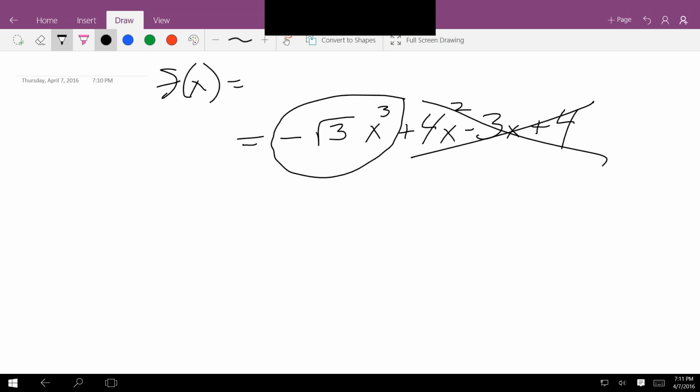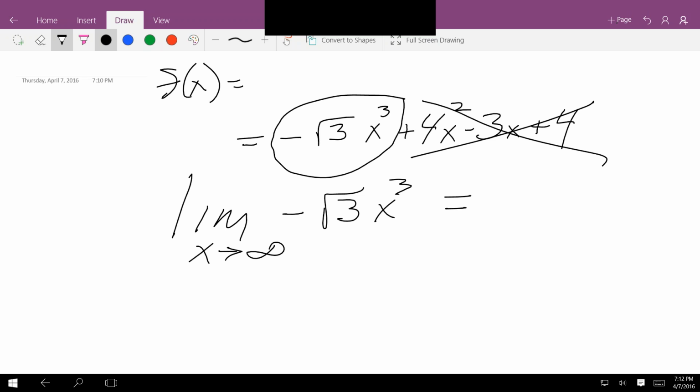So what I really am looking for is the limit of negative square root of 3x cubed as x goes to infinity. What does that go to? What is that limit? I know you haven't had limits yet, but you can kind of think of it. Plug in infinity for x. What do you get?